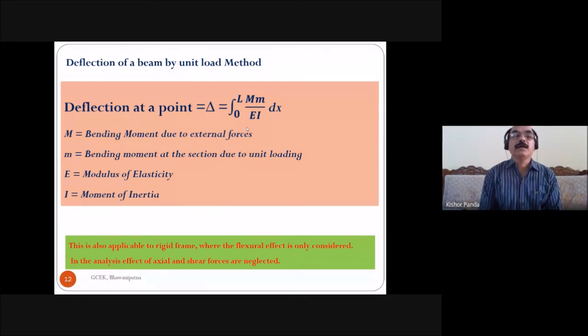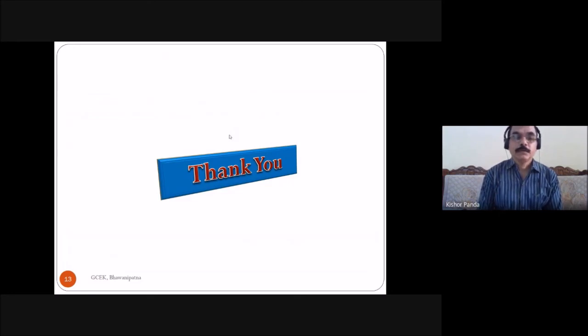Only the flexural effect is considered, and by considering this you can find the deflection at a point using the unit load method. That is, delta is equal to integration from 0 to L of capital M into small m by EI into dx. So this is all about the expression for deflection of a structure. Now all are clear how to find the deflection using the unit load method.